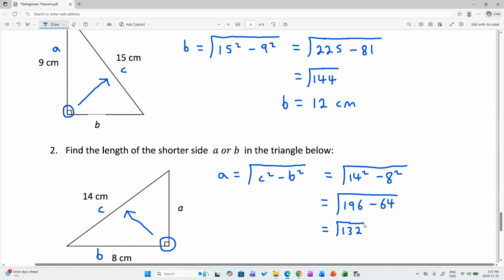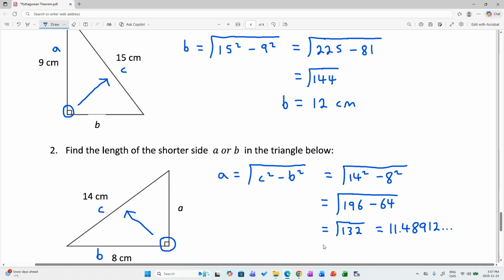Now, the square root of 132 is not a very nice number, but if I were to use a calculator or to use one of the estimation techniques we learned, we can estimate it to the nearest tenth. So in this case, I'm actually just going to use a calculator, and I'm going to get the answer to be 11.48912... It just keeps going on forever.